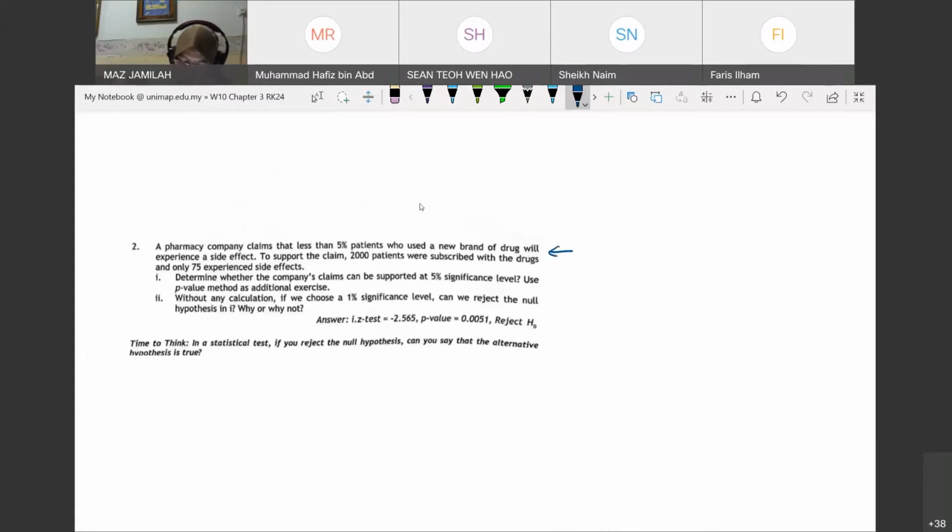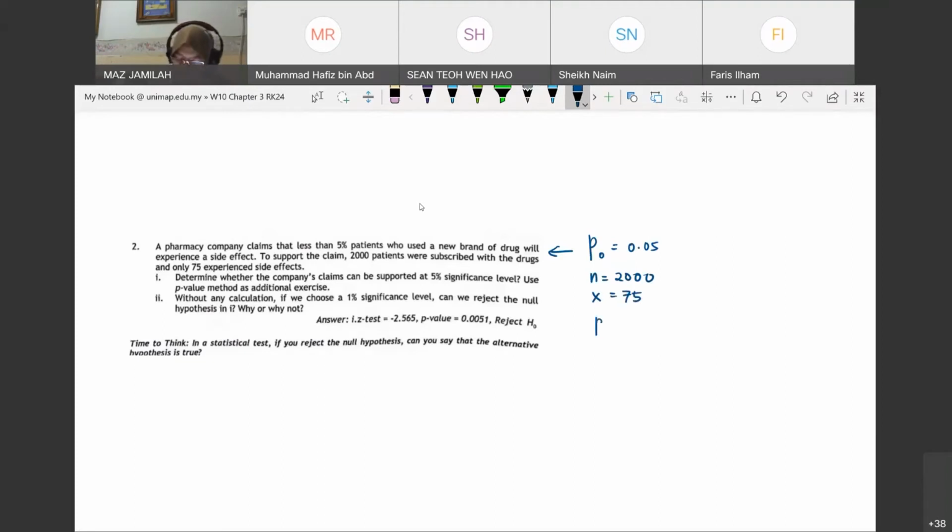The claim is that less than 5%, so the hypothesized proportion is 0.05. The N is 2,000. Out of 2,000 patients, only 75 experience the side effect. So X is equal to 75.